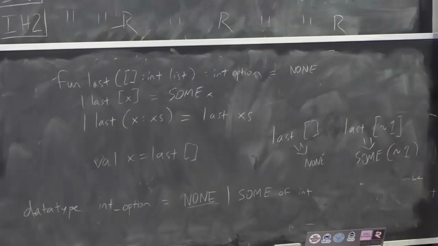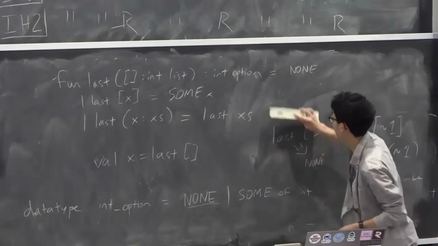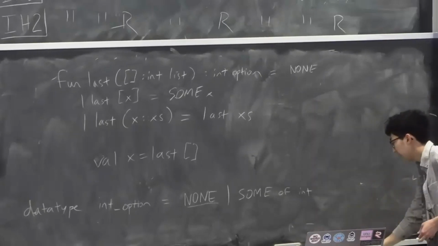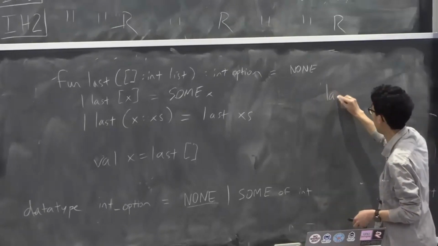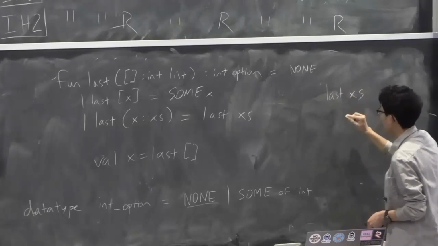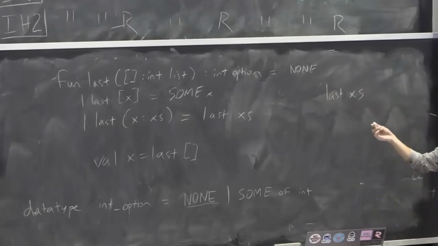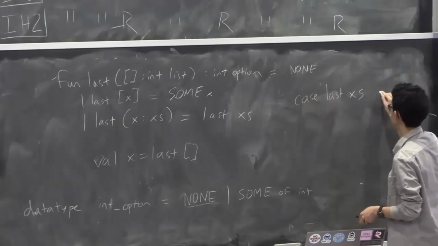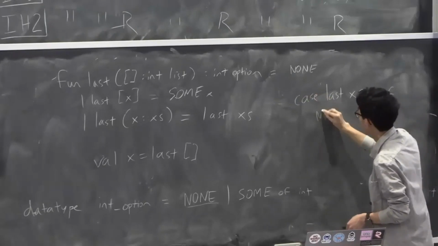And what does this look like for a person calling our function? Well, I'm going to erase this actually. If a person was calling last, before they might say something like last of xs. And this will just raise an exception or loop forever. But now they have the option to say this. Case last of xs of, and there's two cases.